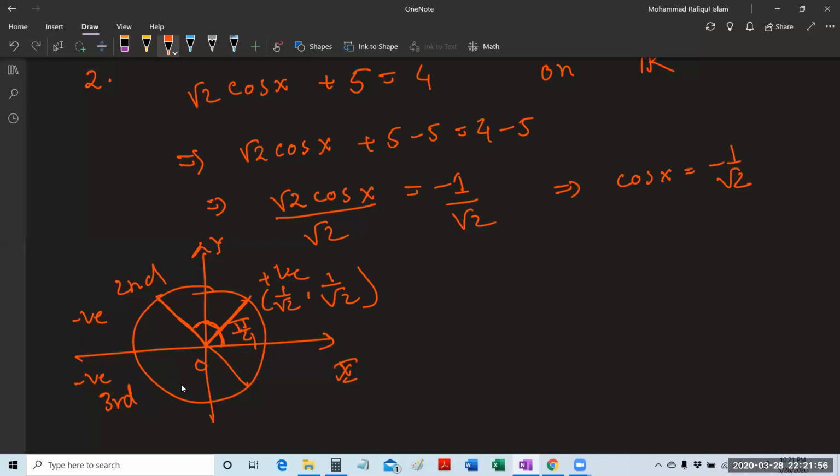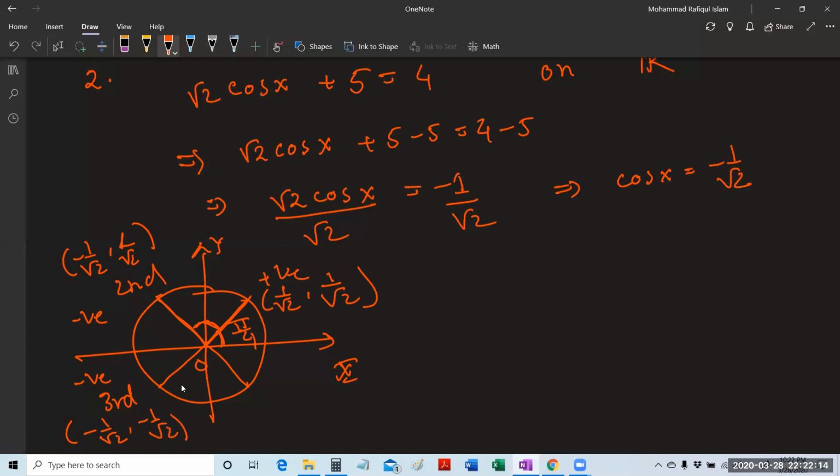And in the second quadrant, the coordinate here will be negative 1 over root 2, comma positive 1 over root 2. And in the third quadrant, it will be negative 1 over root 2, comma negative 1 over root 2.